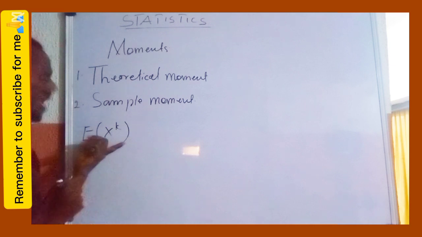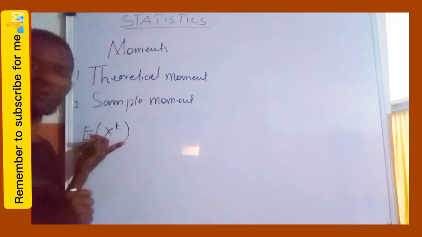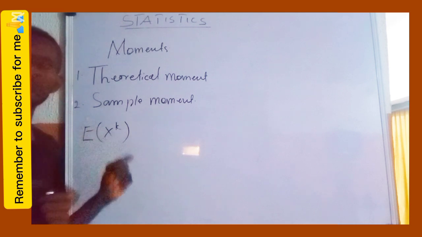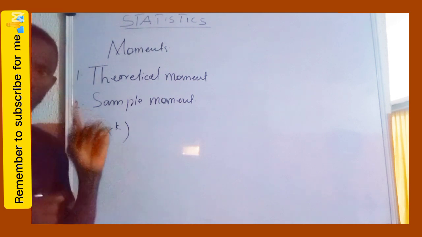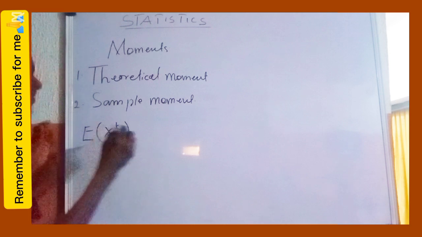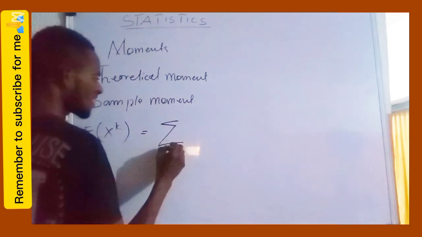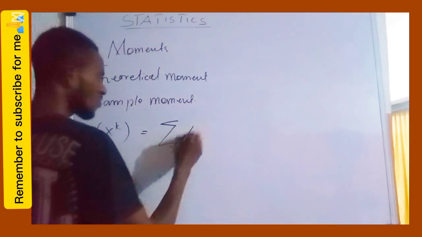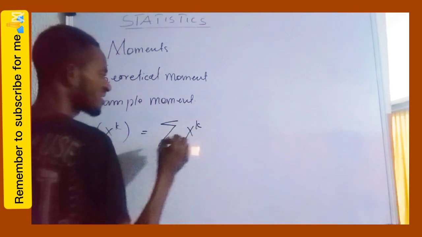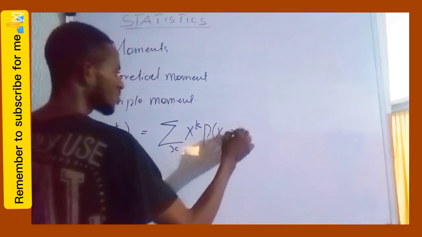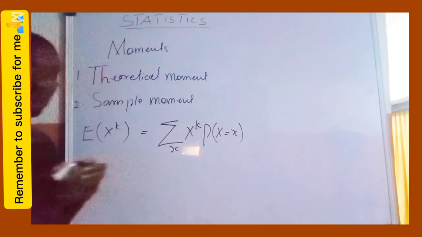The denotation I have here is the theoretical moment about zero, or about the origin. It is expressed this way: the sum over the range of x of x raised to power k, probability of X being equal to x.